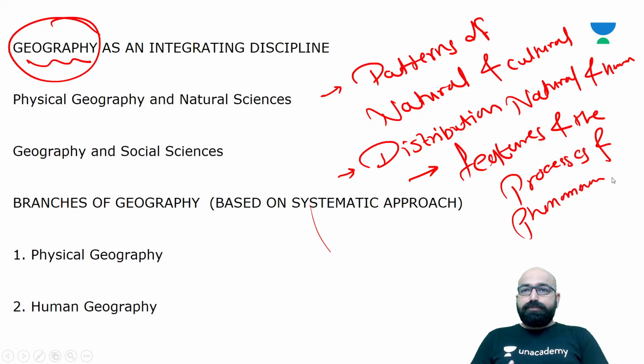Now, the aspects of geography are related to three questions: first is what, second is where, and third one is why.